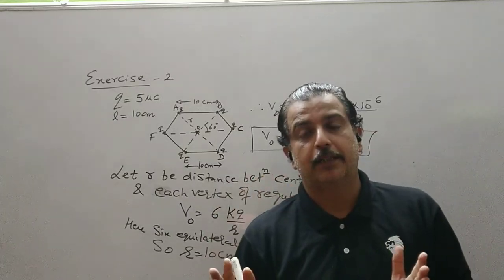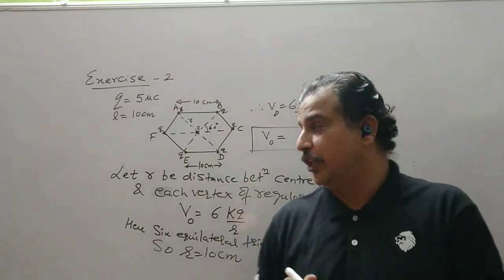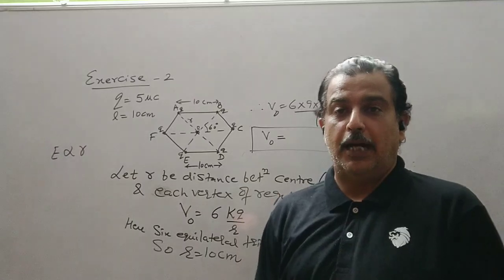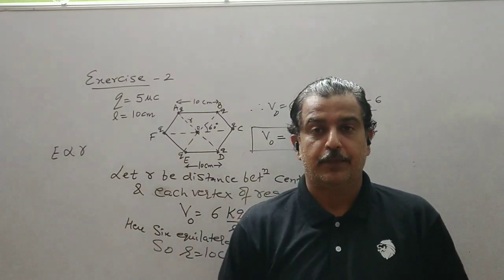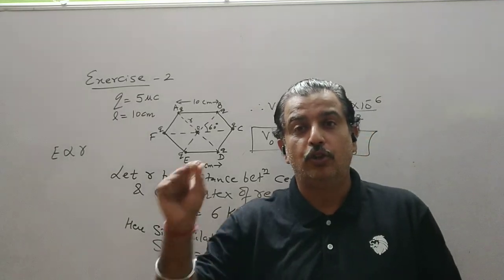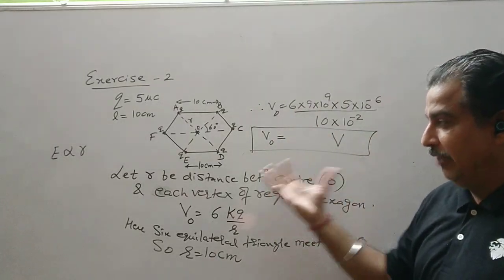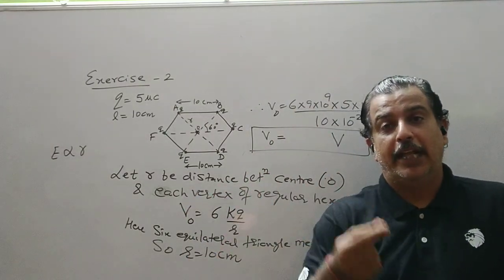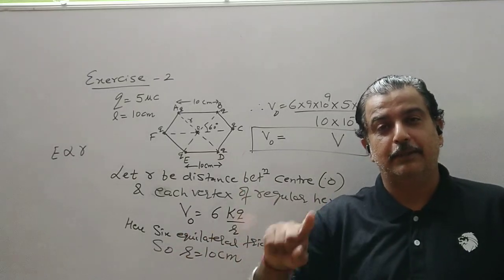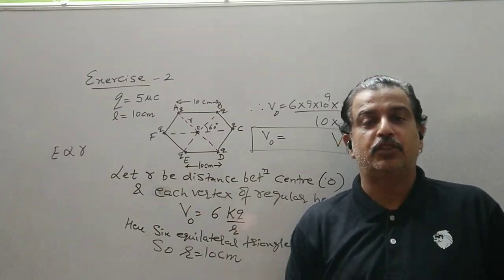If you remember, the electric field inside the solid sphere was non-zero, and E was proportional to small r. Outside it was the same. So when we did today the electric potential for a hollow sphere or spherical shell, the expression is applicable for the conducting sphere also.